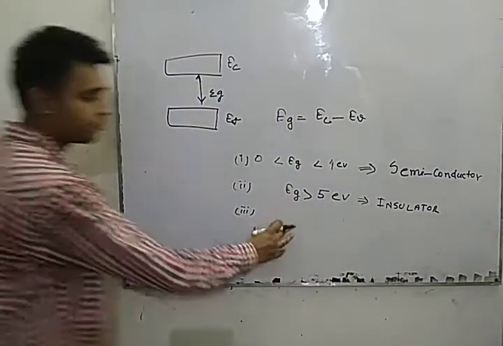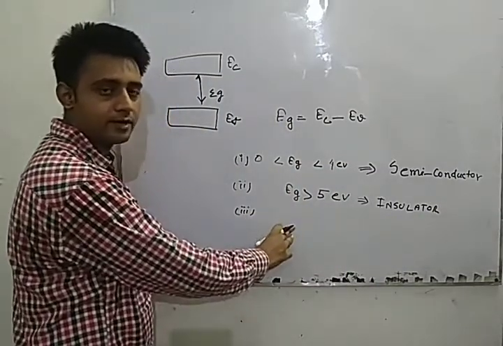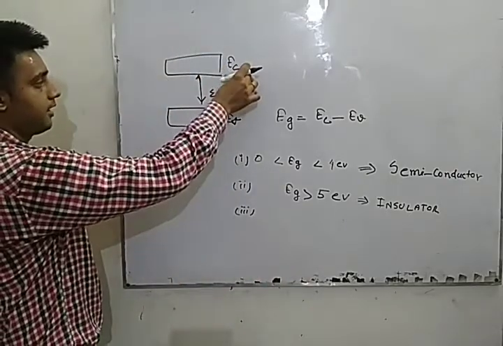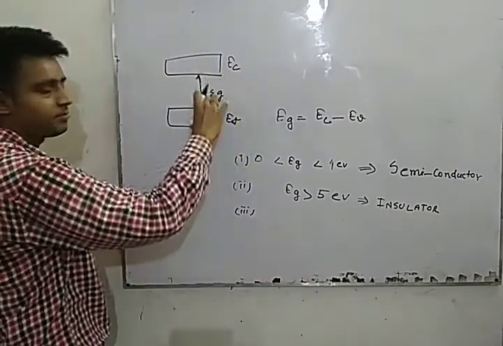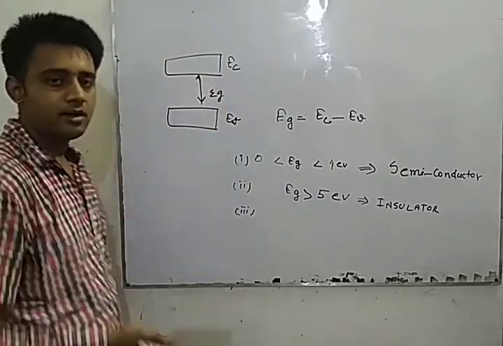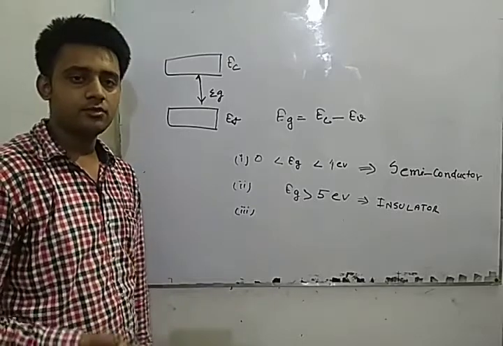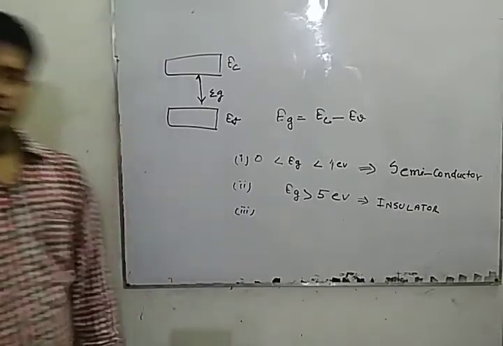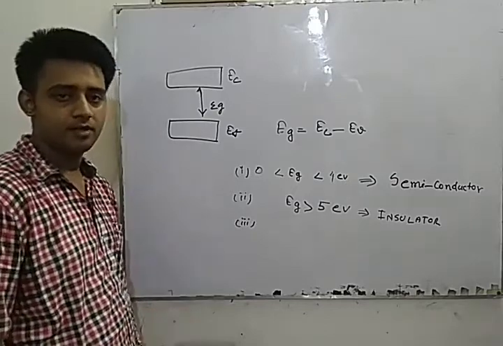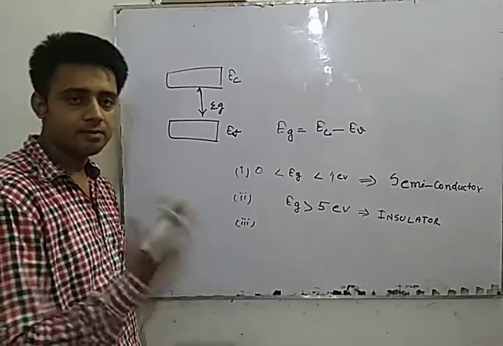And in the case of the conductor, overlapping takes place, and the energy in the conduction band and the energy in the valence band overlap. So electrons flow easily from the valence band to the conduction band, and the generation and recombination process takes place easily. We will categorize the semiconductor into two types, as we said earlier, the N type and the P type.